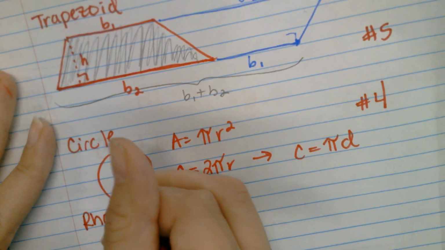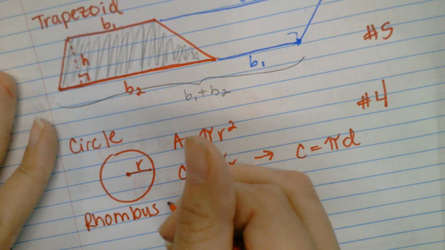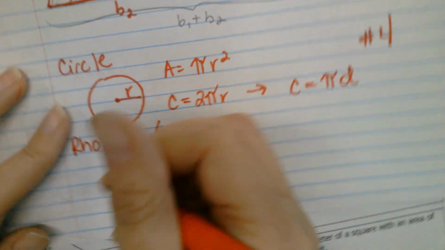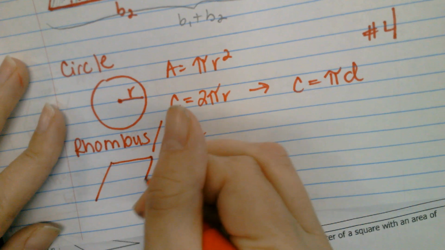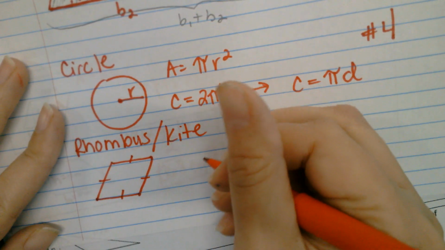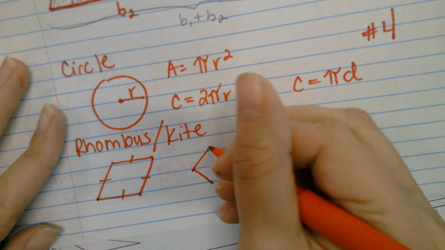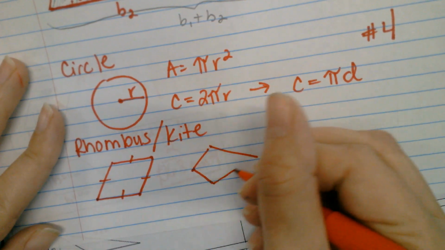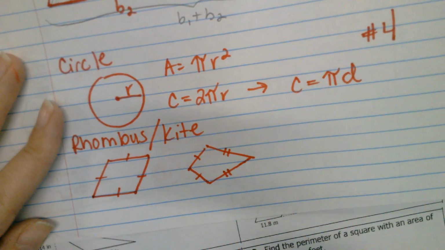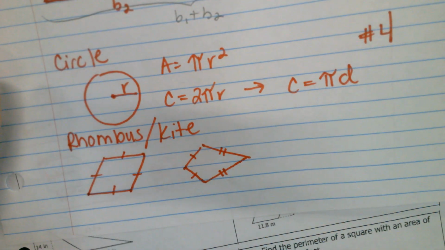I know it was such a long time ago, so that's why I said I'm going to remind you what the formula is. So a rhombus looks like this. Make sure you draw it so that all the sides are equal. And a kite looks like this. Make sure you draw it so that the 2 corresponding sides are equal.